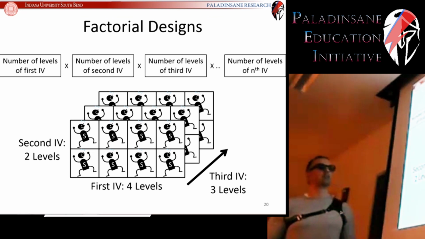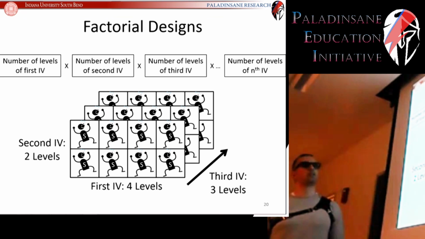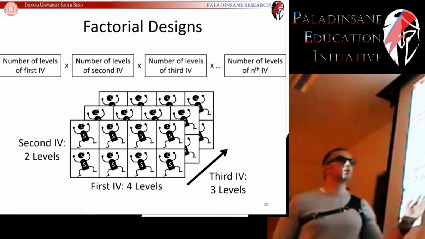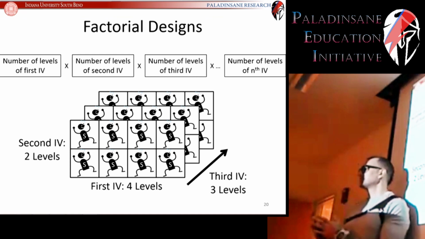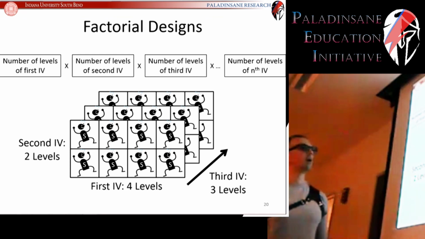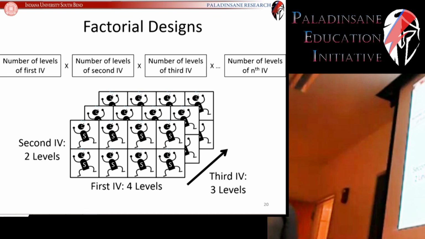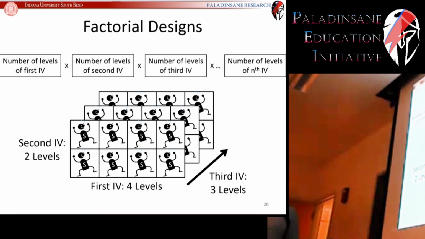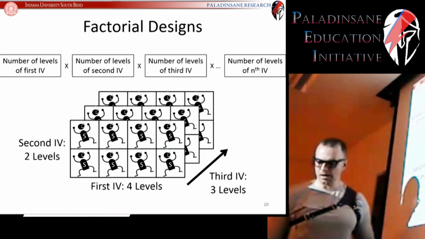If we add one more level, we can go up to 80 unique combinations. Usually 3 variables is the limit at which your brain can really wrap itself around these. But theoretically, there's no reason why you can't have 4, 5, 6, 7 independent variables in your study.